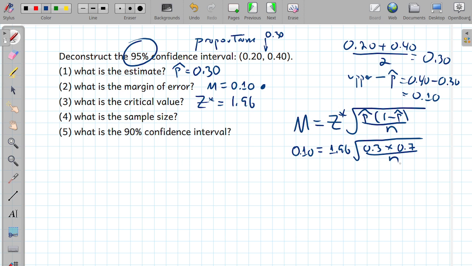So now we can try our best. There's a number of ways to manipulate this. I'm going to do this first. And this is 0.21, and that leads us to that. Before I square both sides, I'm going to change the 0.1 over 1.96 into a single number.